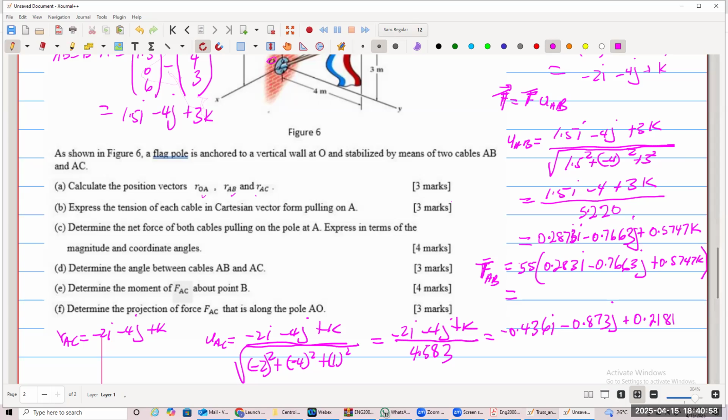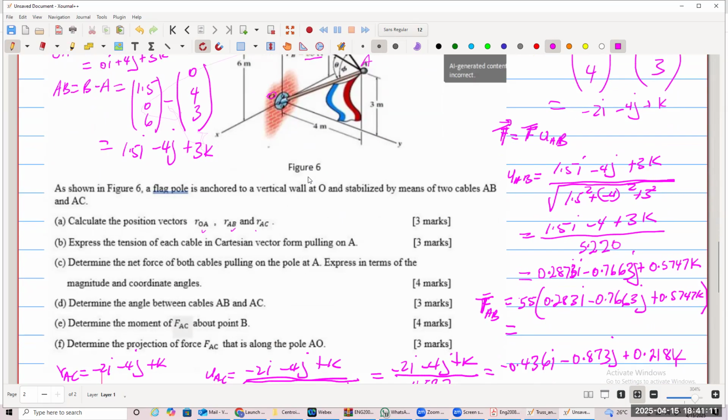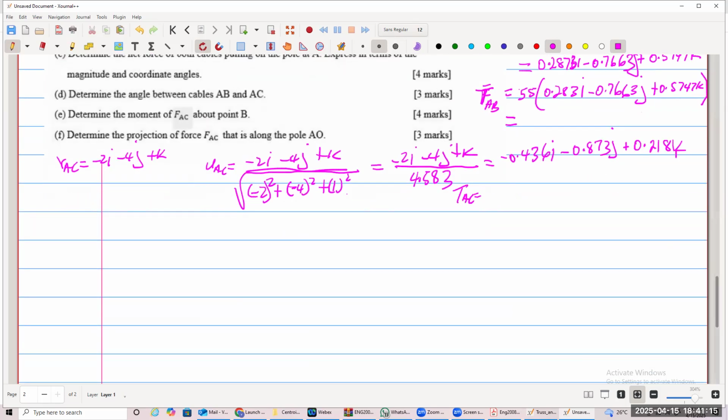Alright, similarly to find the tension in AC, what was the AC value again? 40. So you're converting it from scalar force to vector force.